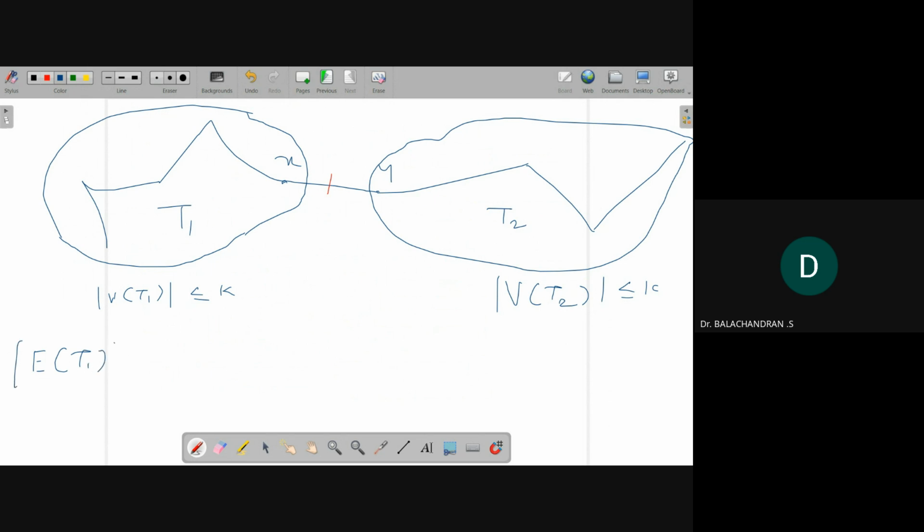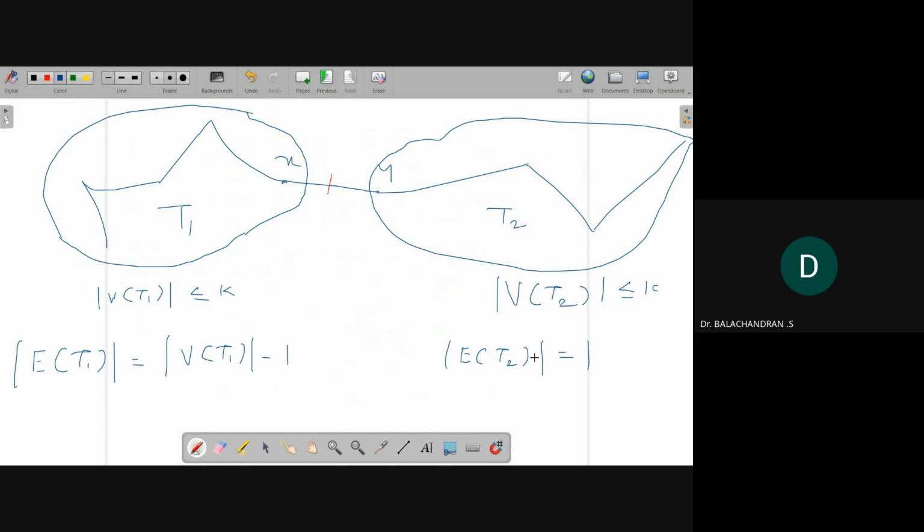We don't know the exact number of vertices, it is at most k, that's why I don't put k here.